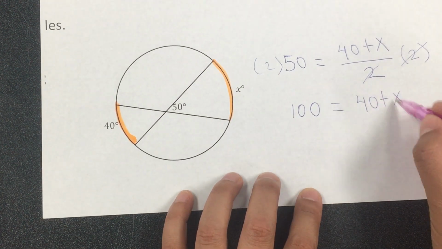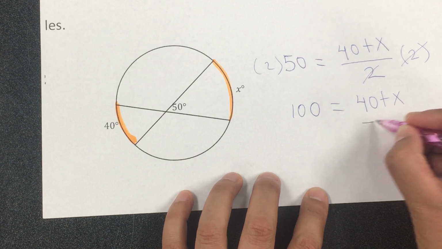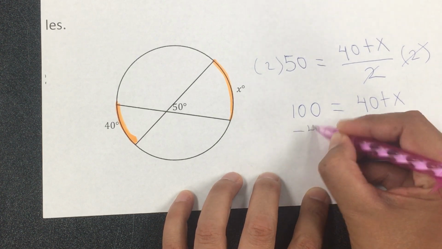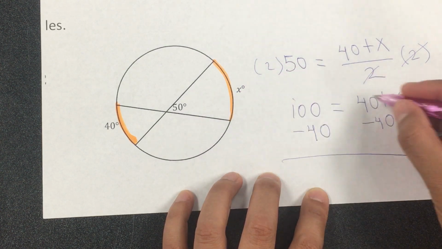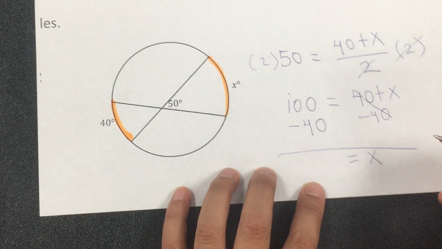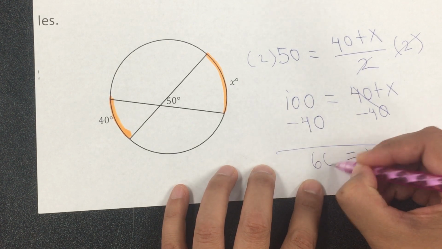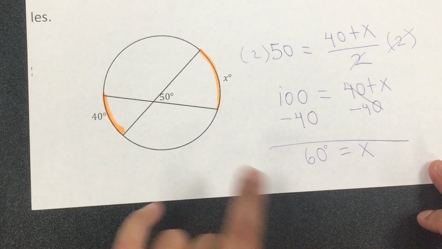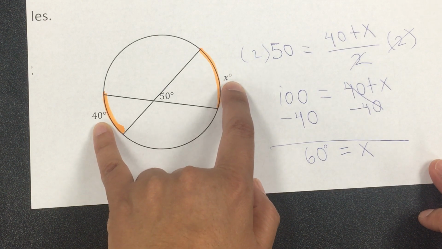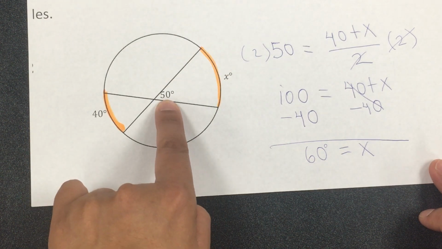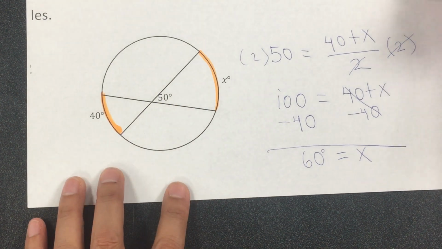And so now we're adding 40 to X, so the opposite is to subtract 40. And X is equal to 60 degrees. And if you notice, 40 plus 60, 100. 100 divided by 2, 50. Okay, that's a quick way of checking for the answer.